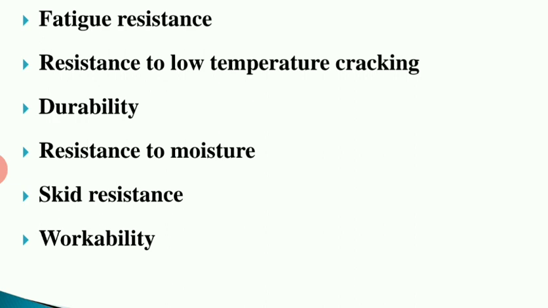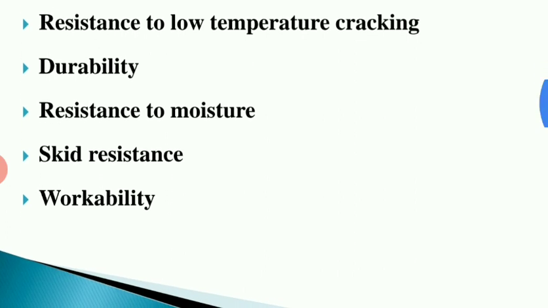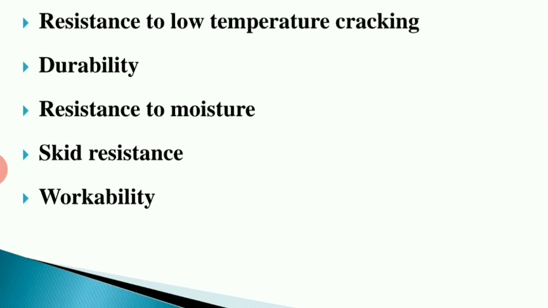In such cases we need to choose a material such that when we apply repeated load on that part of the bitumen, it does not deform much, or crack only at that particular place. So we need to choose a material that retains its own volume and shape with good strength. And then resistance to low temperature cracking.